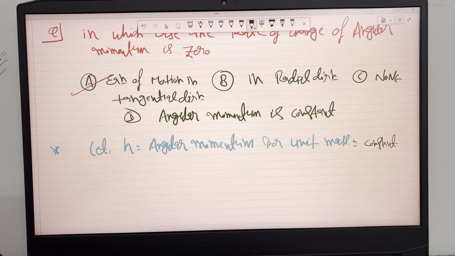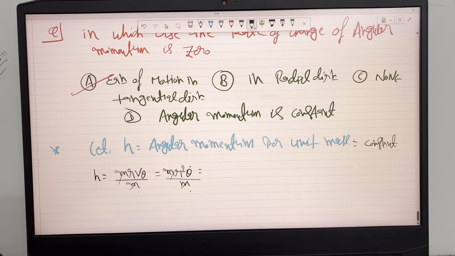So what is this now actually? H is nothing but your angular momentum. What is angular momentum? m r square theta dot. So what they are saying is angular momentum per unit mass, that means per unit mass, so mass is getting cancelled.